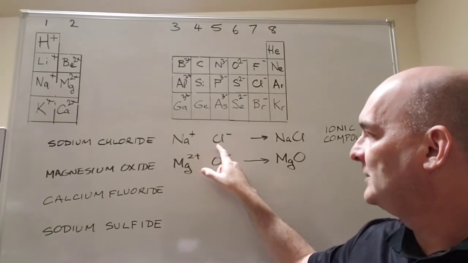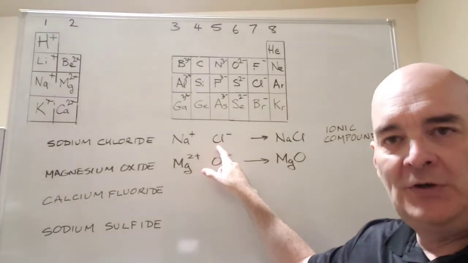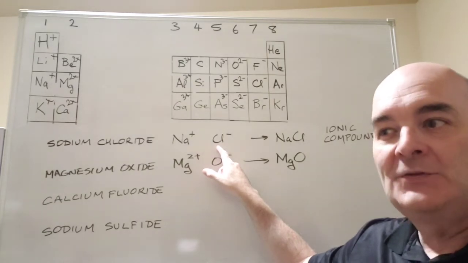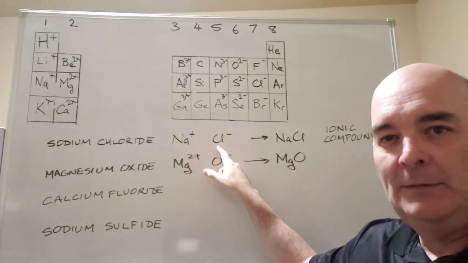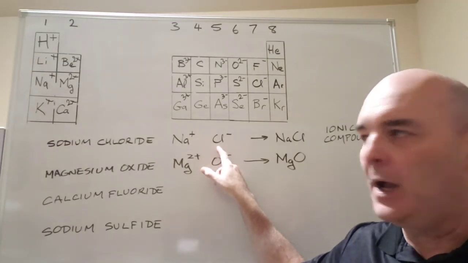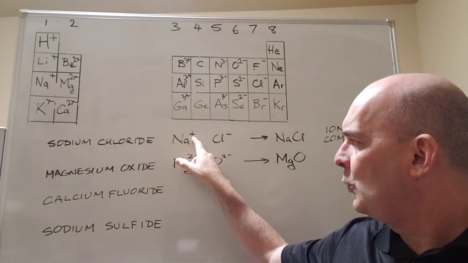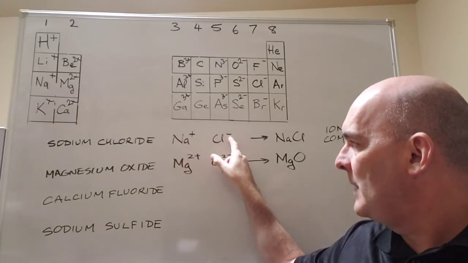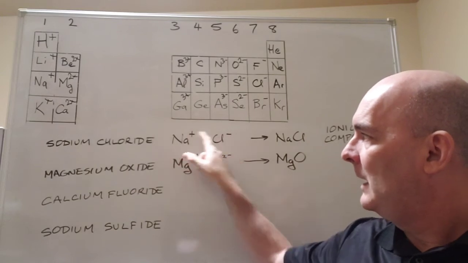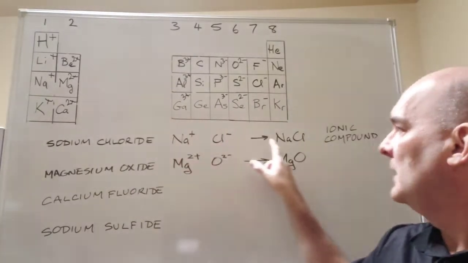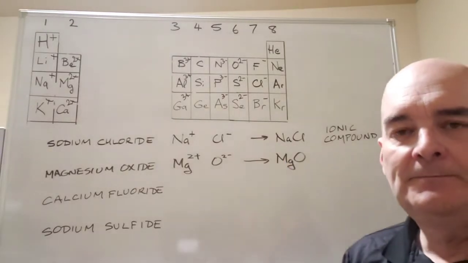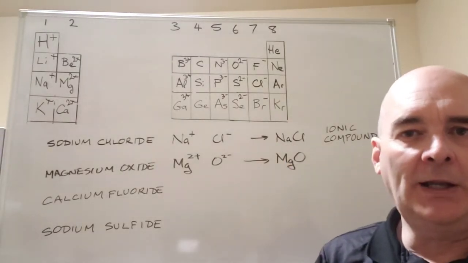And then I will find some chlorine, which is a non-metal in group 7, so I would reduce it with 1 electron until it became a 1- anion. And now that 1 plus and that 1 minus attract each other and balance each other out. And so my chemical formula is NaCl. I've just made an ionic compound.